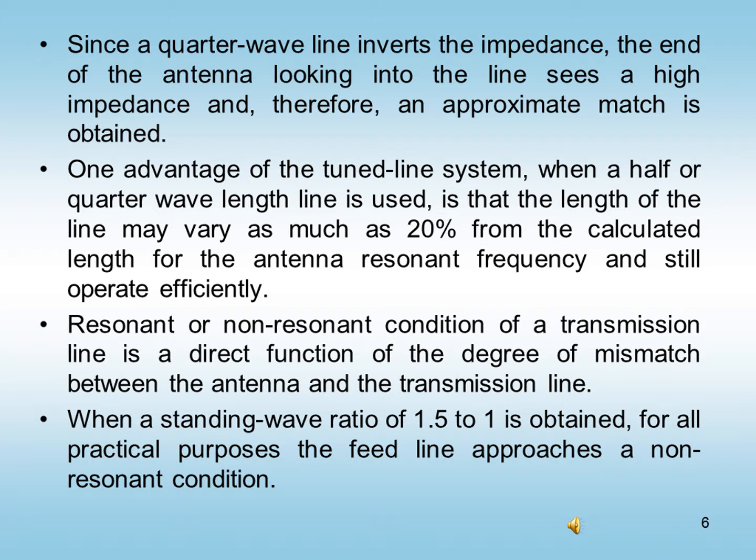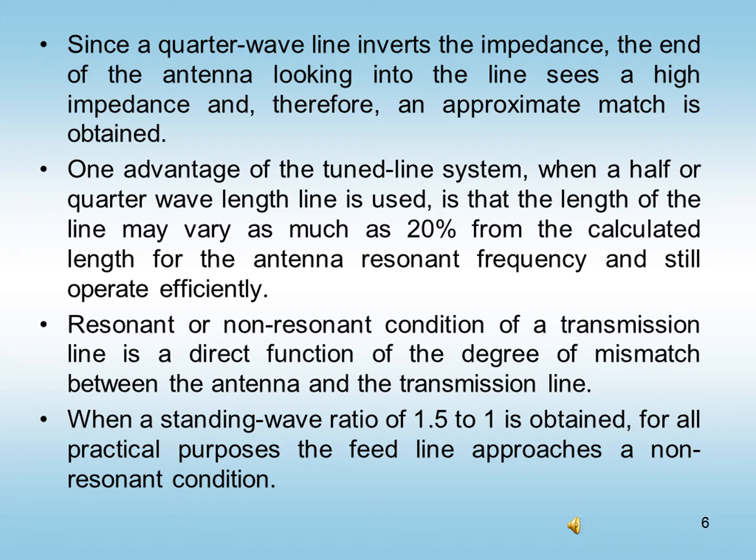This is the advantage of the Jones system: only a quarter wavelength of line is utilized. The length of the line may vary as much as 20% from the calculated length.